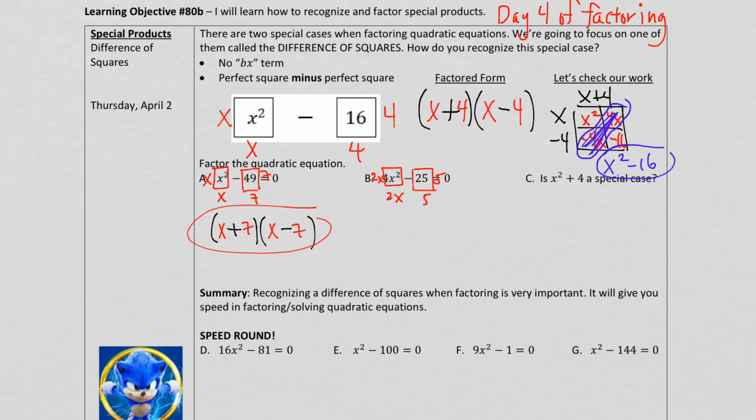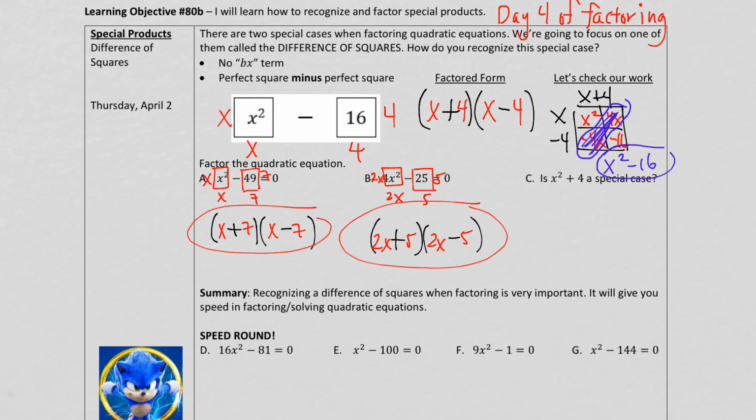So again, this is an example of a difference of two squares. So to factor, I can just do this pretty automatically. I'll just use the roots. So I'll put 2x plus 5, 2x minus 5, and I'm done. 2x plus 5, 2x minus 5. These are the factors of this quadratic.